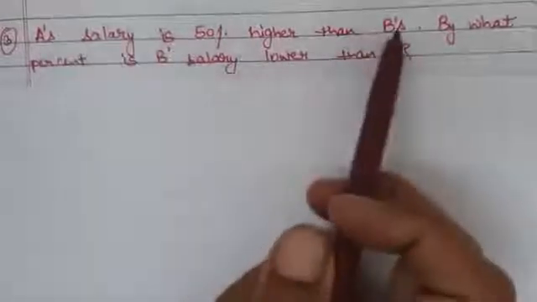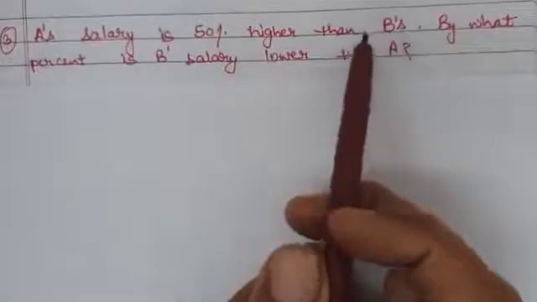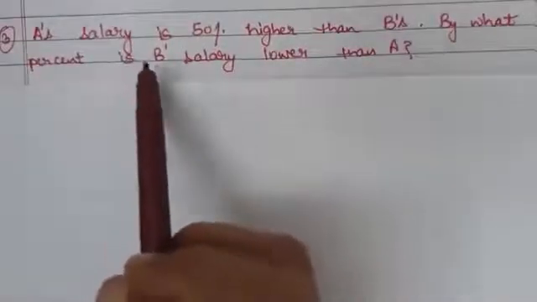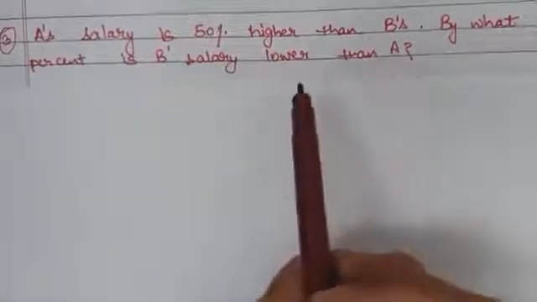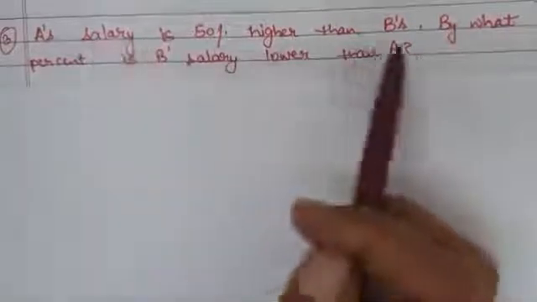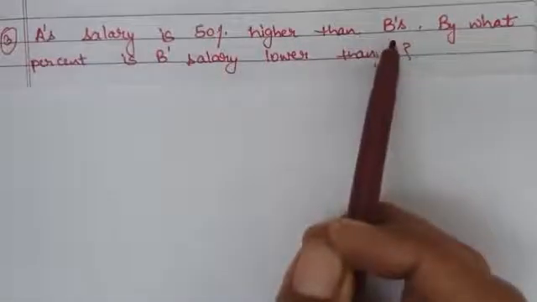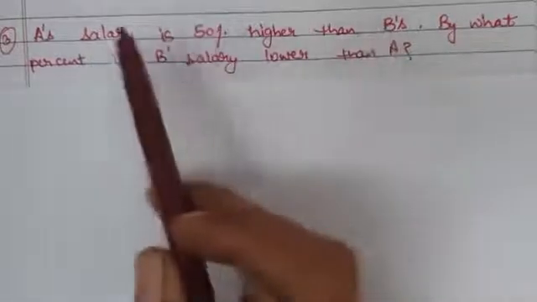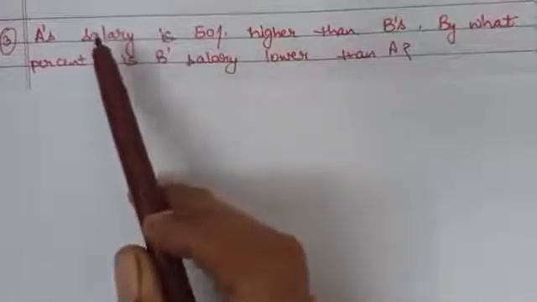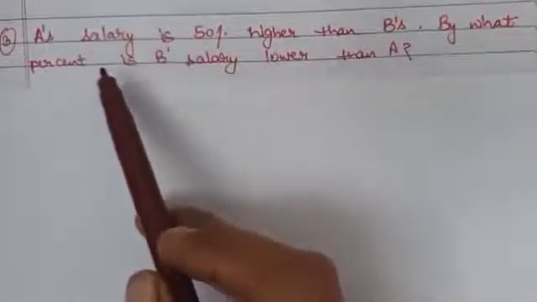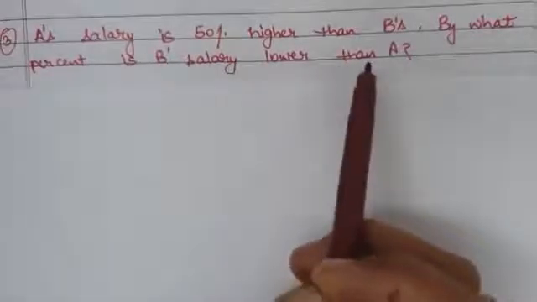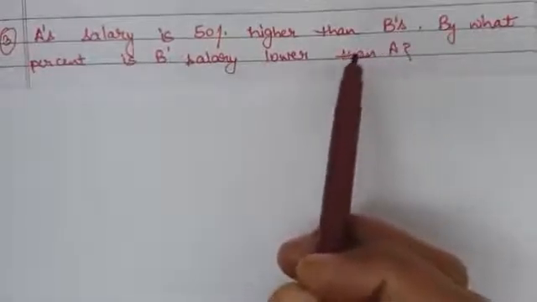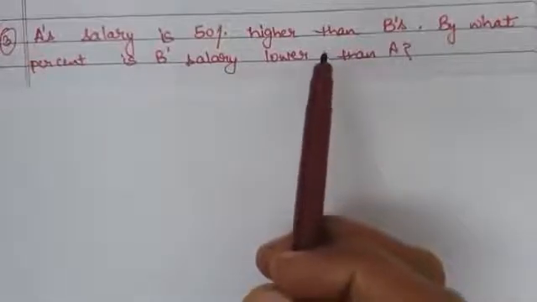They both are different persons. By what percent is B's salary lower than A's? From this statement, it is clear that B's salary is less than A's salary. But how much percent B's salary is lower than A's salary, we have to find out.